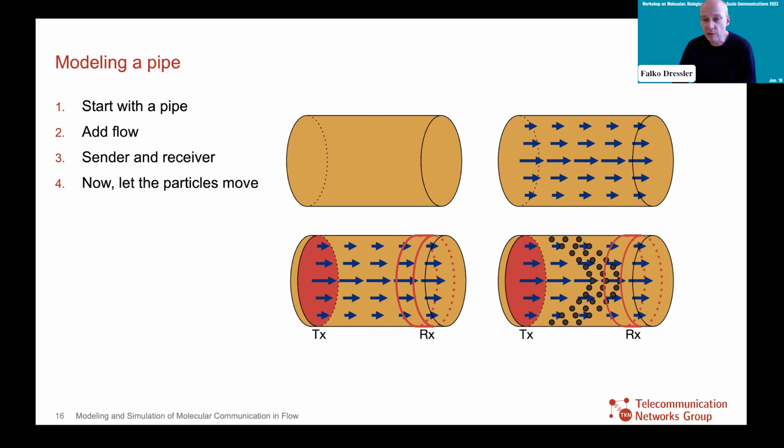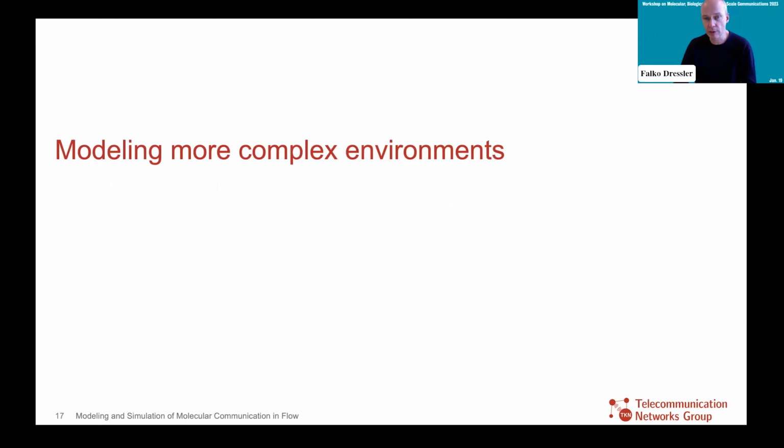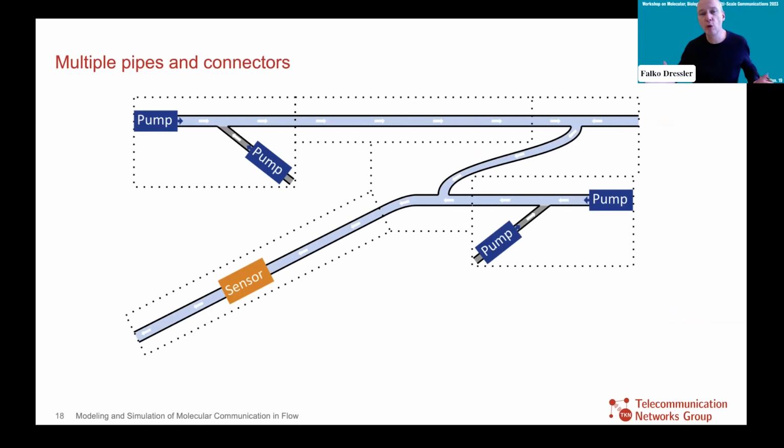If you have all that available, we can start releasing particles, and these particles move according to the predefined flow, and the predefined flow is exactly the arrows in our pipe. We can, in a time-step based discrete event simulation, move the particles according to the flow dynamics inside the tube system. And if we can do such a simple system, we can do way more complex environments. You see an example here, right?